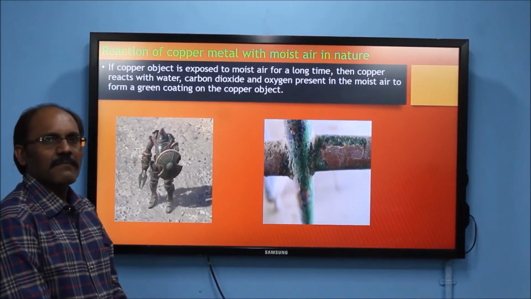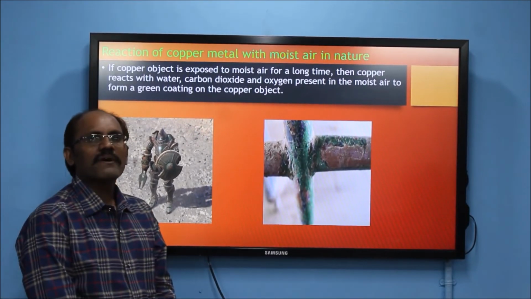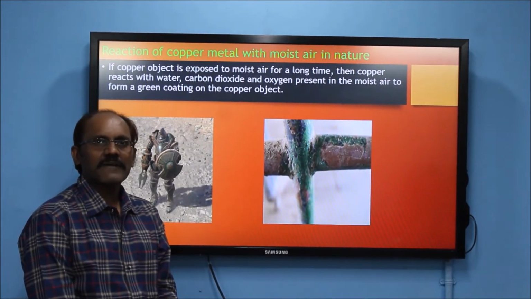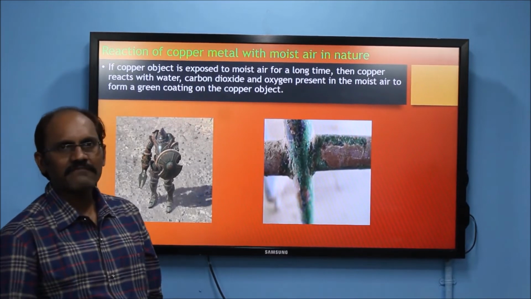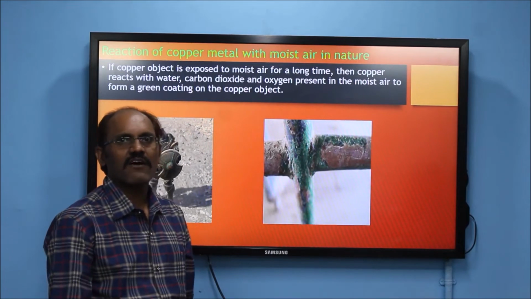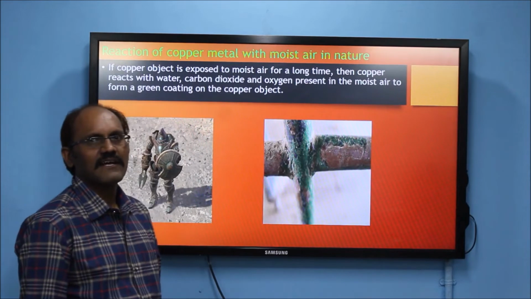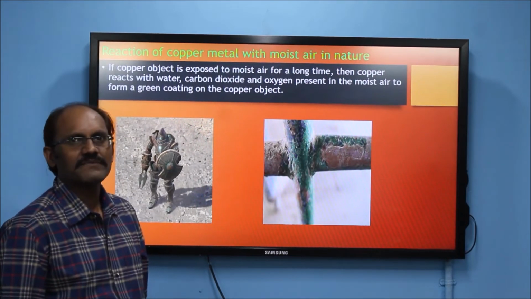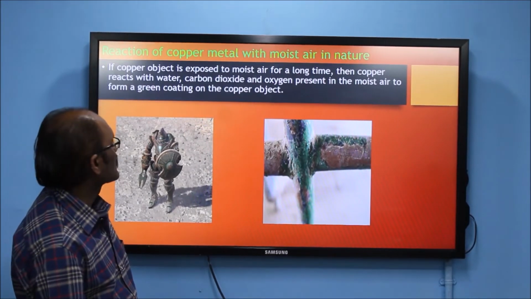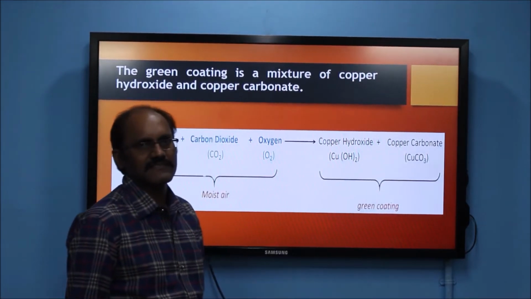Another reaction of metal with oxygen in nature is copper metal. When the objects made of copper metal are kept in open places for a long time, then the copper metal reacts with atmospheric oxygen gas, water vapor and carbon dioxide gas, and slowly it develops a green coat. And this green coat is due to the formation of two substances.